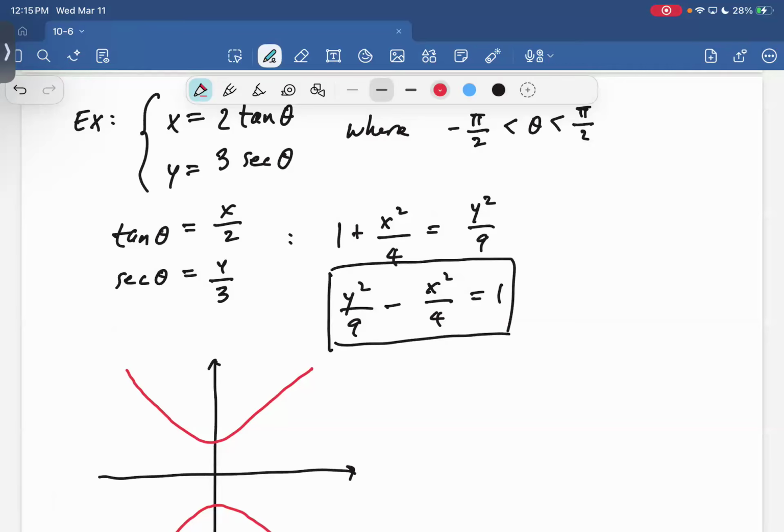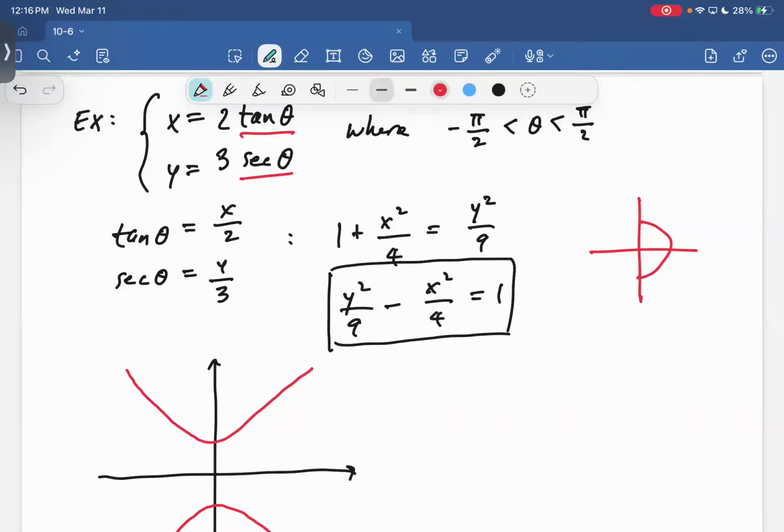So actually, we need to think more carefully about how the domain is being restricted here and what that actually yields in a graph. So let's think about what theta means. If theta is between negative pi over 2 and pi over 2, that means that we're in these two quadrants, correct? And so in those two quadrants, what do we know about tangent and secant?